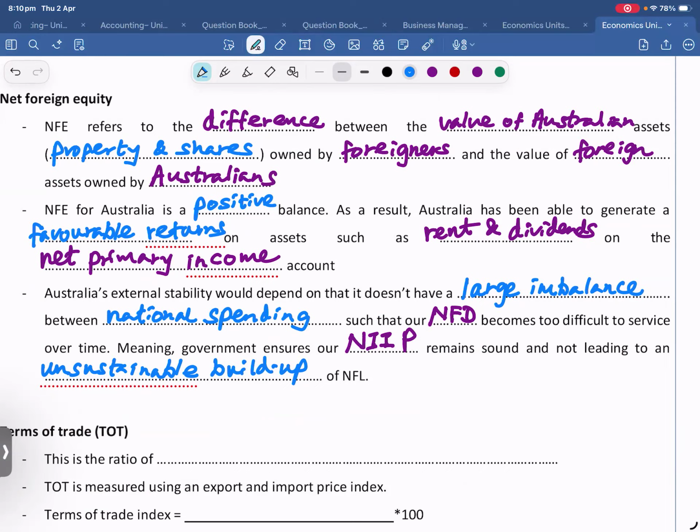Australia has the top AAA ranking, so we want to maintain it. Otherwise we will go into a level where we won't be able to meet the debts and their servicing interests, and then we might go bankrupt.